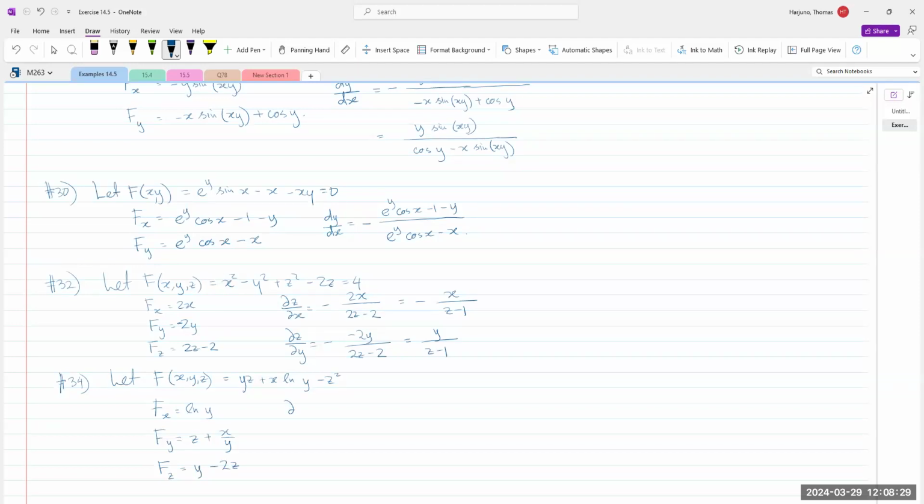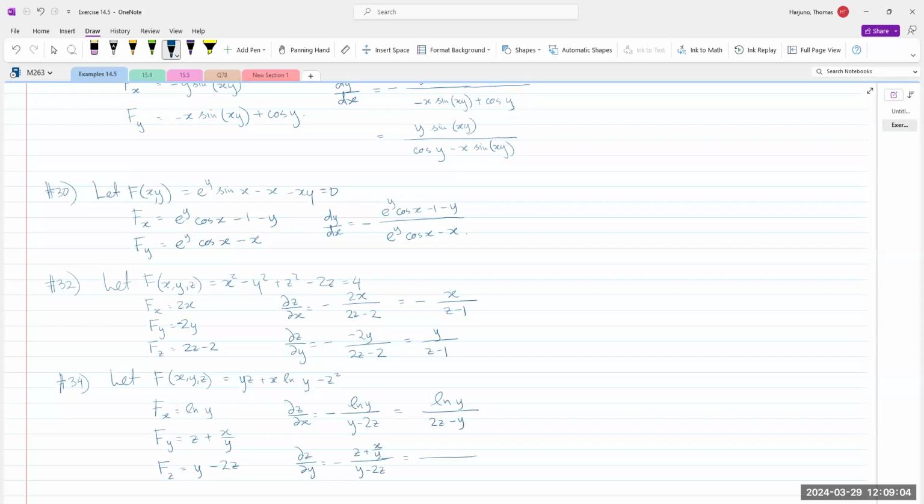Therefore, dz/dx will be negative f sub x over f sub z. Let me reverse the order of subtraction on the denominator to absorb the negative. dz/dy is negative f sub y over f sub z.